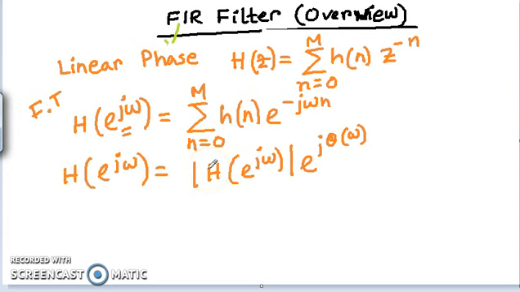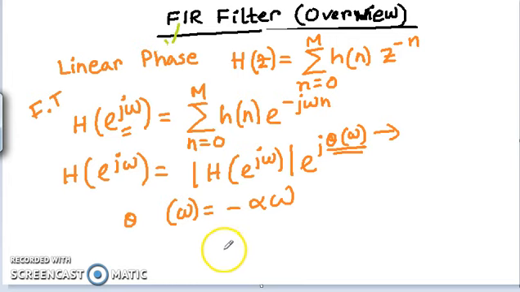Now let us assume that the phase of the FIR filter transfer function is linear. That means this theta(omega), we are considering it as a linear function, and we are writing that theta(omega) equal to, as it is having a lagging value, minus alpha omega, where alpha is a constant, okay, and omega is ranging from minus pi to plus pi.